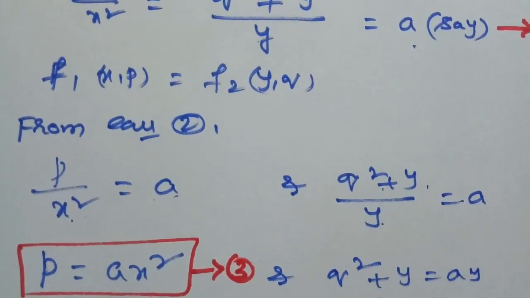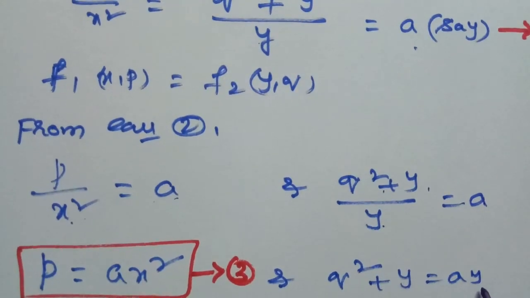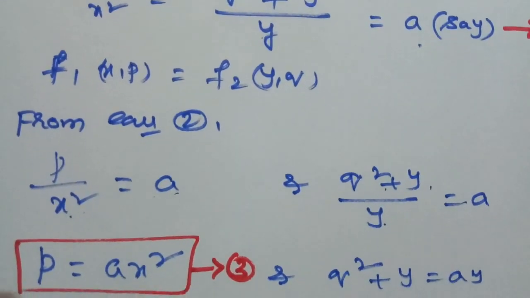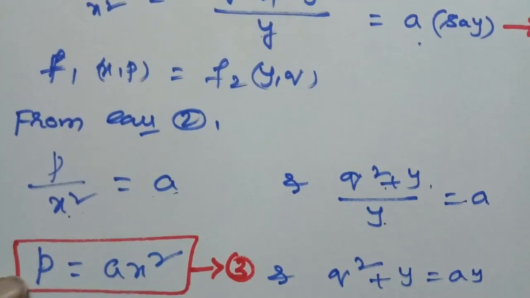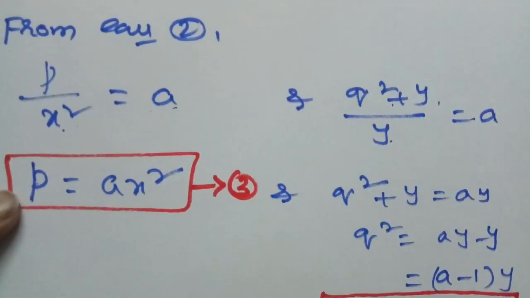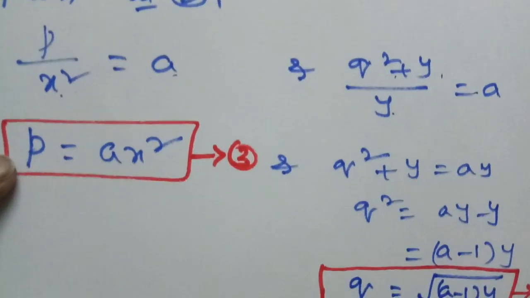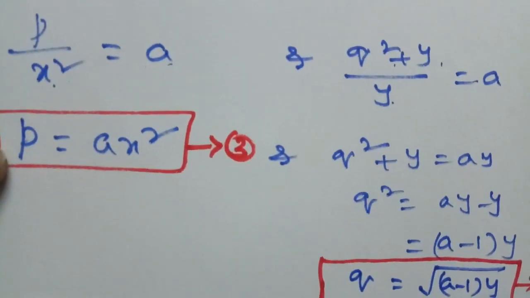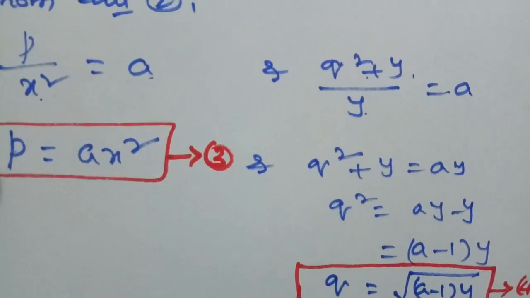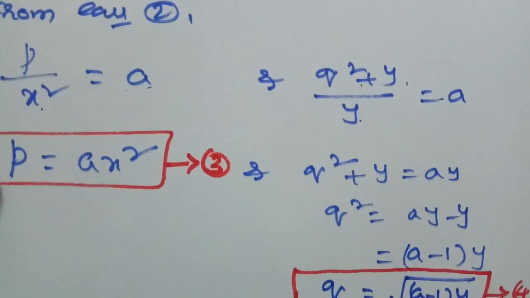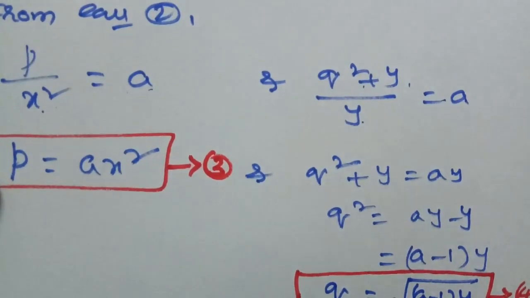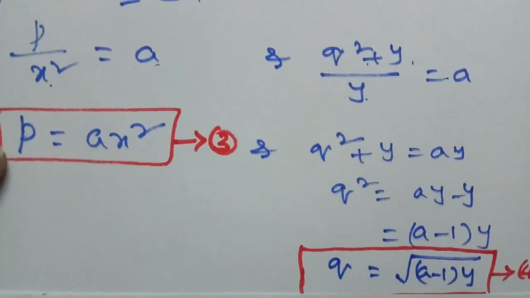Then q is equal to square root of a minus 1 into y. Say this is equation number 4.